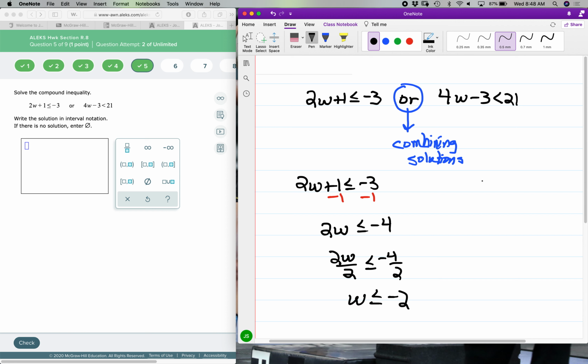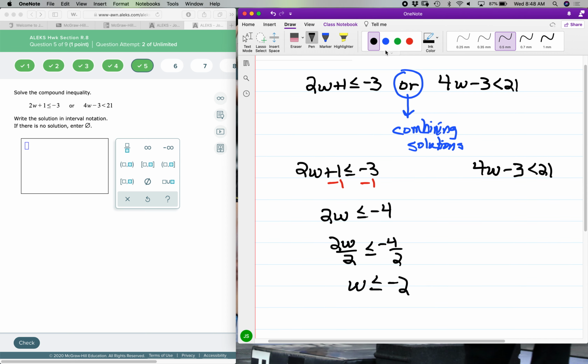In the case of 4w minus 3 is less than 21, if I add 3 to both sides, we have that 4w is less than 24.